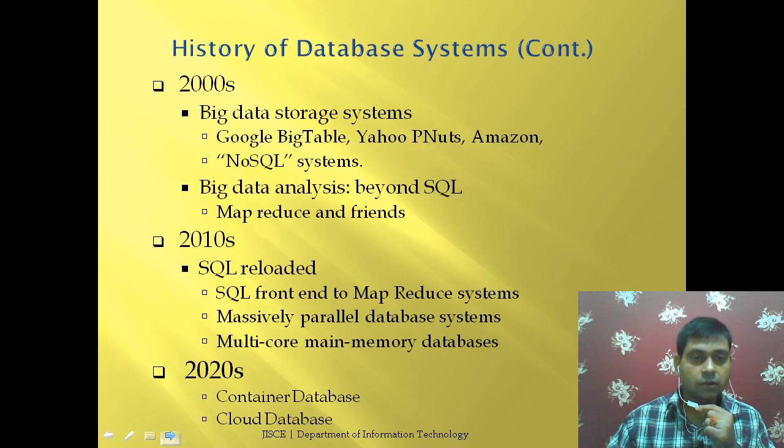Then in 2010, SQL Reloaded, the front end and the MapReduce systems came into the picture. And finally, in 2020, in the era of AI and robotics, container databases and cloud databases came into the picture. So this is the history of the database management system.